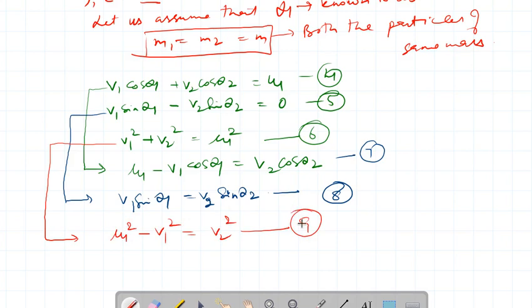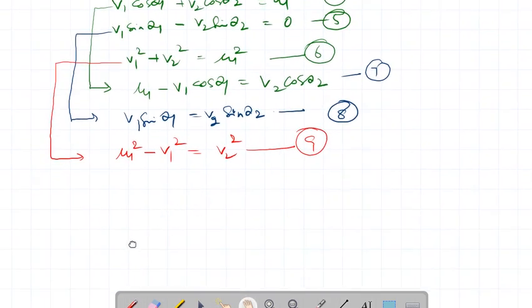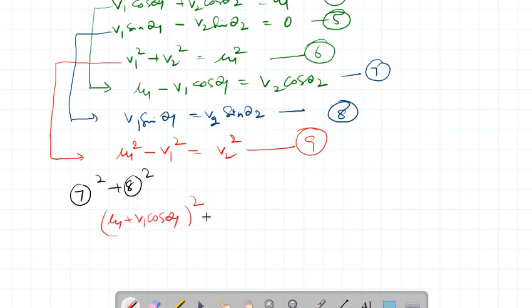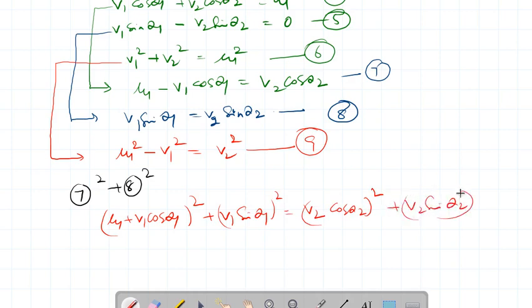Now squaring and adding 7 and 8, that means I will apply the operation that 7 square plus 8 square gives me, taking it square, u1 minus v1 cos of theta 1 its square plus v1 sine of theta 1 its square must be equal to v2 cos of theta 2 its square plus v2 sine of theta 2 its square.